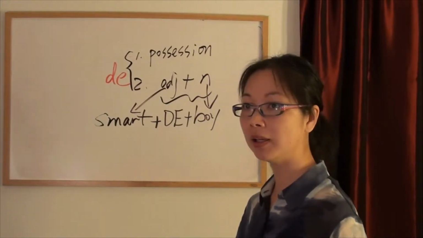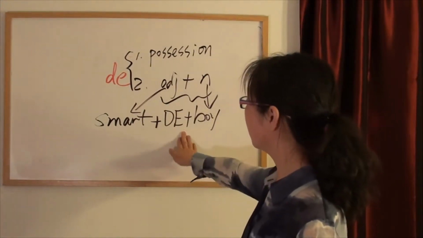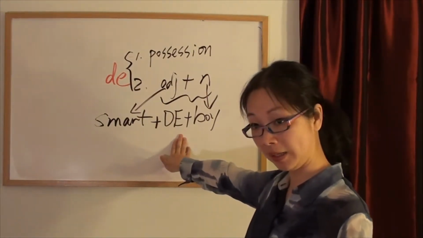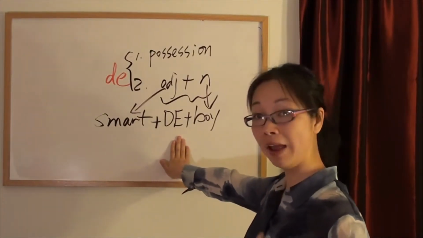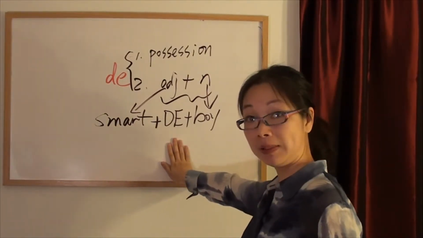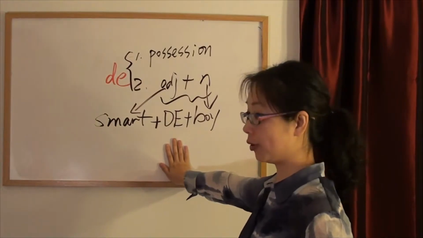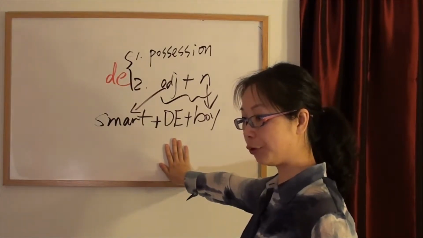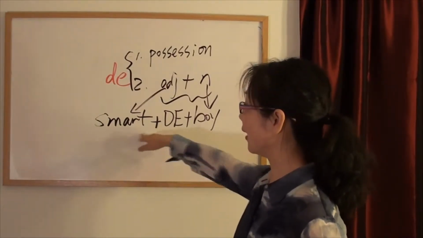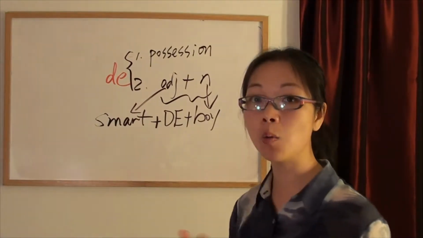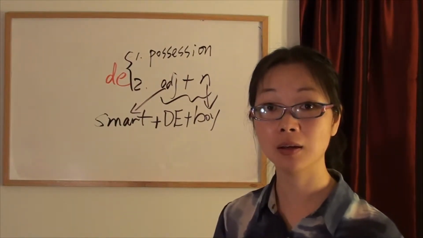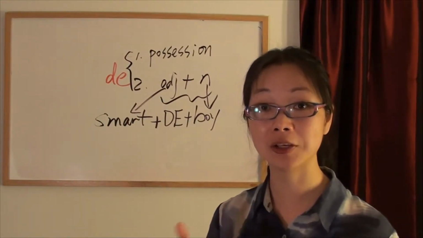Like what I said, I have told you many times, I have emphasized that you cannot skip 的. 的 is always used to connect the adjective and the noun. So when you meet more than one adjective, you have to put 的 after each adjective.